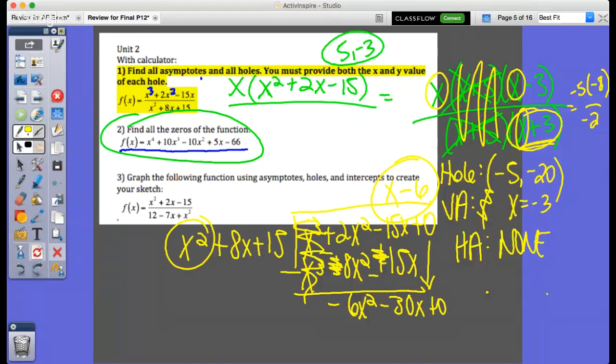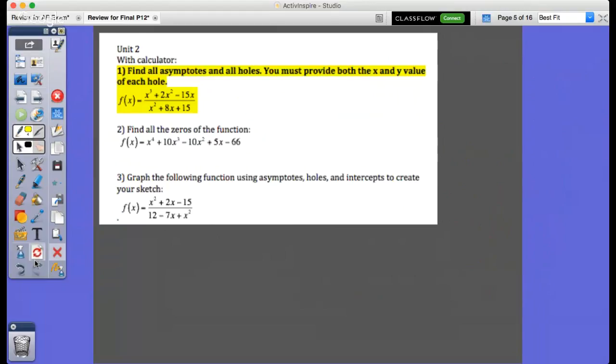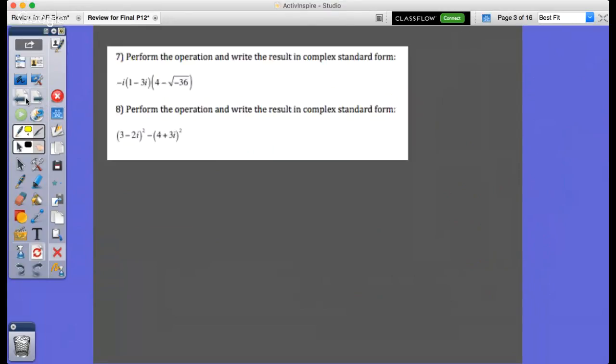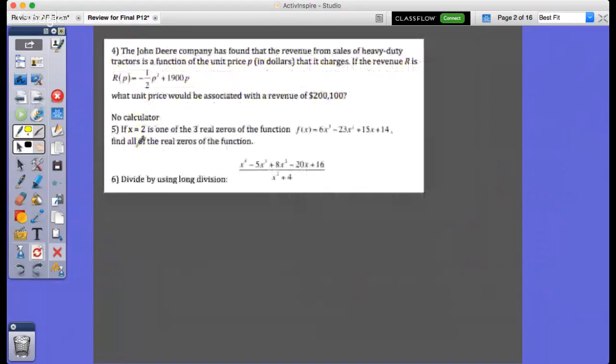Number 2. What do y'all think? Let's do it. Go through number 2. What's up, Trey? All right, let's go through finding all the zeros here. First off, it's a calculator one, right? That's on purpose. There is a difference between number 2 and number 5.